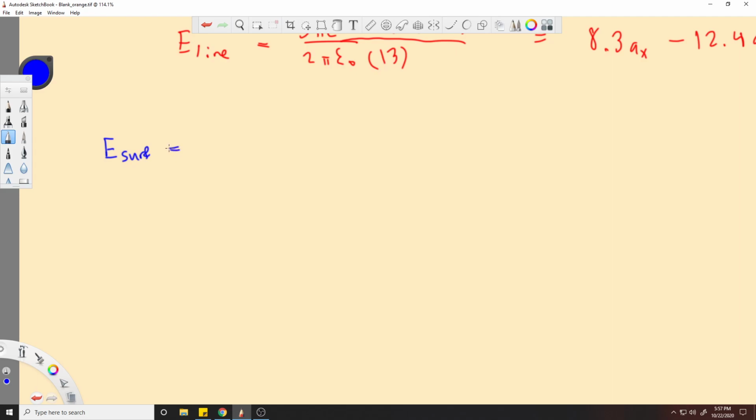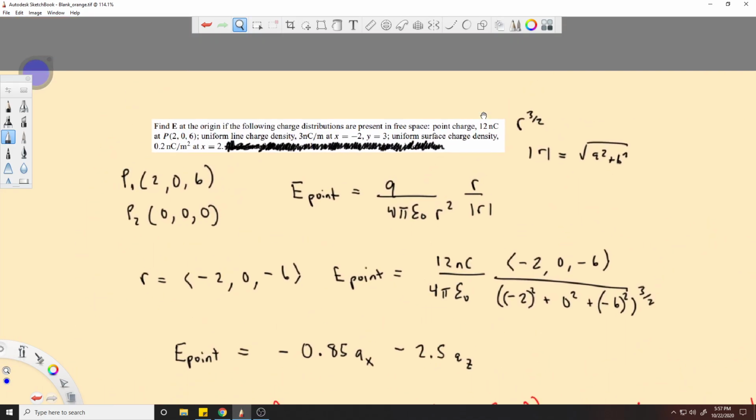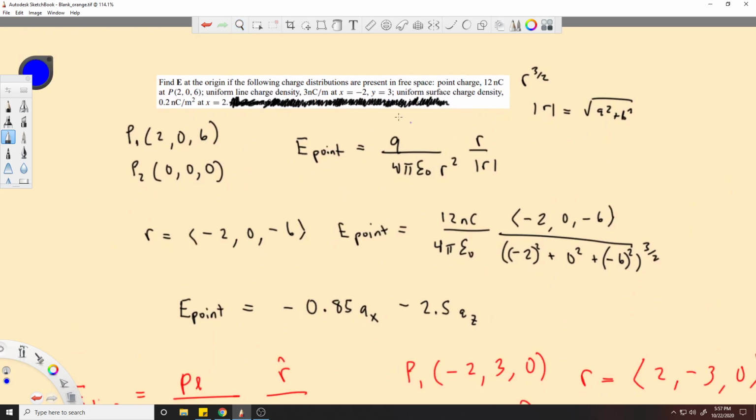I'll call it surf. And our surface charge equation is rho s over 2 epsilon naught. I guess before we actually do the equation, we should find out where the plane actually is and where it is relative to our origin. So at x equals 2.